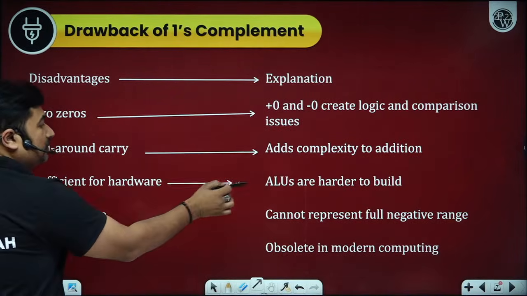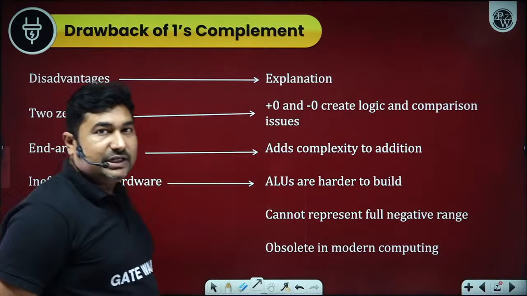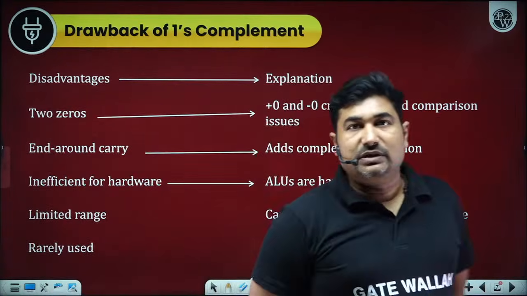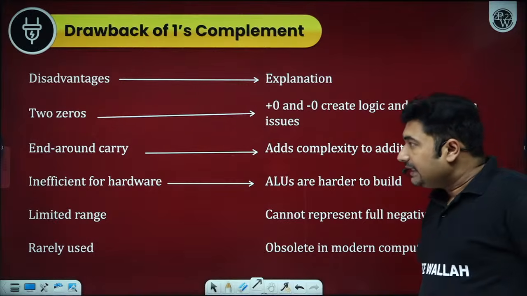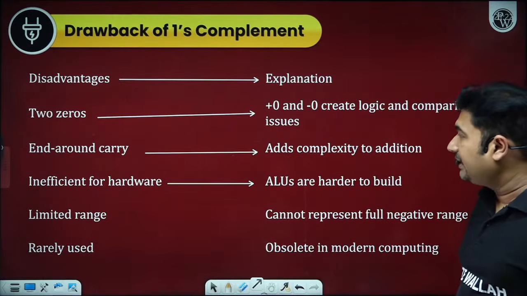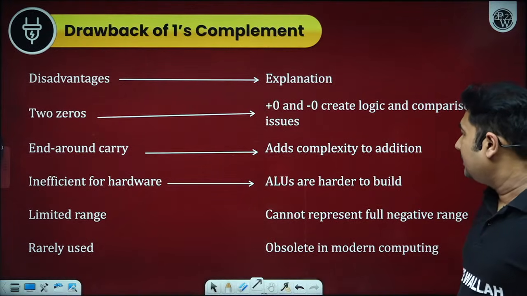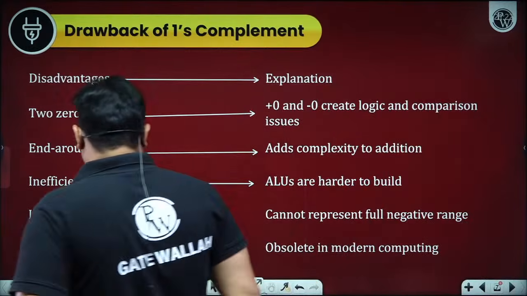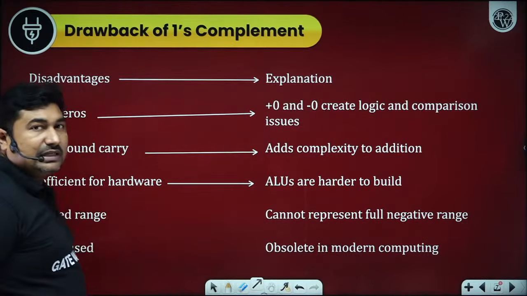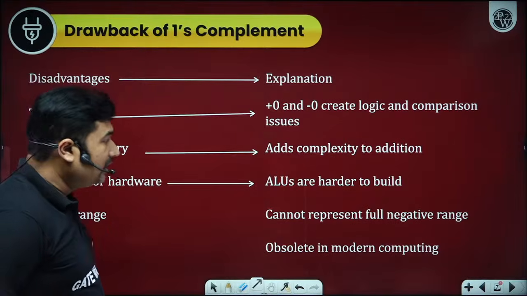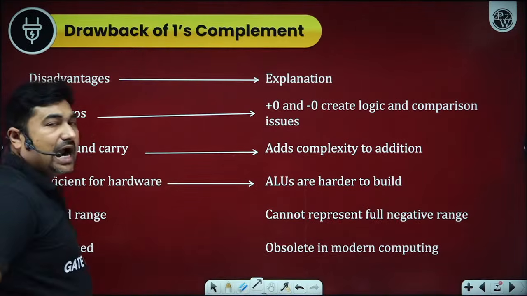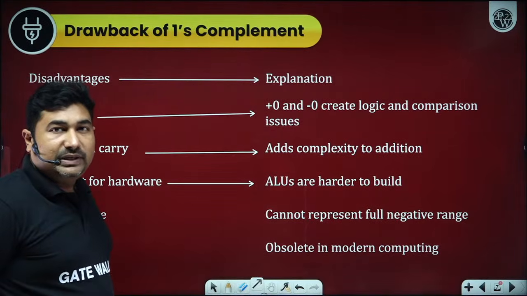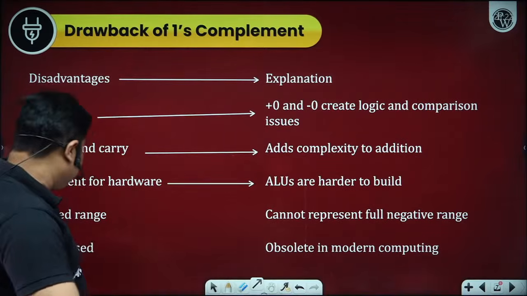Whenever we perform addition, we need to add 1 to the LSB. Then only the result will be correct. Inefficient for hardware: ALUs are harder to build. Arithmetic logic units with 1's complement become harder because we need to add 1 to the LSB once the arithmetic operation is done.